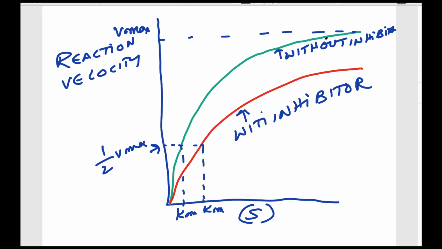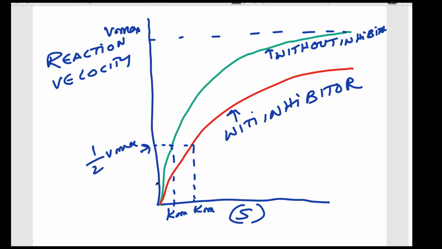In the absence of inhibitor, the Km is low, the affinity is more. With less substrate concentration, V maximum can be achieved. Whereas in the presence of inhibitor, Km is high. The reason is, to achieve V maximum, more substrate concentration is required. That is as simple as that.